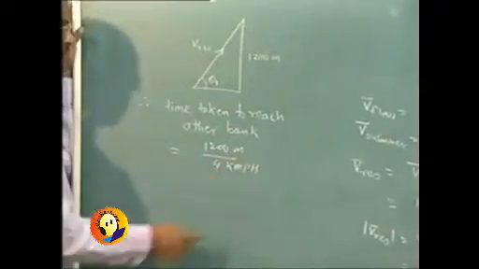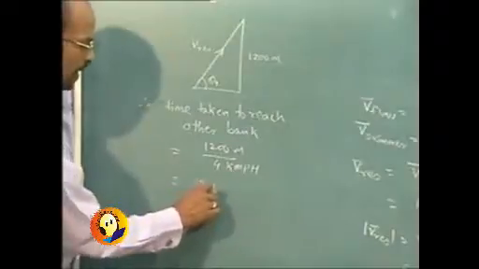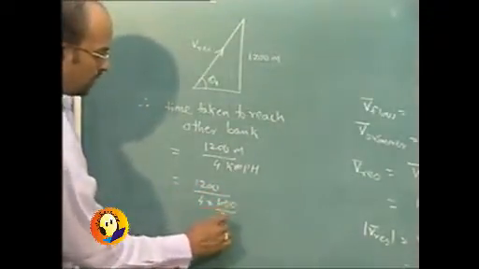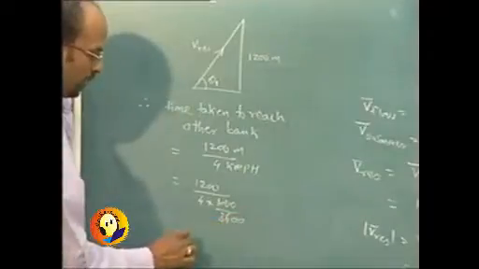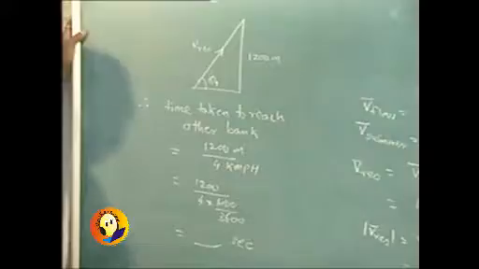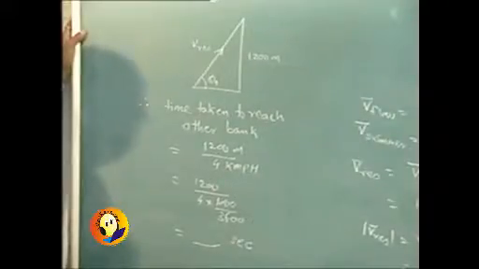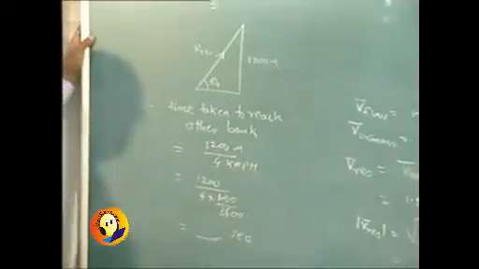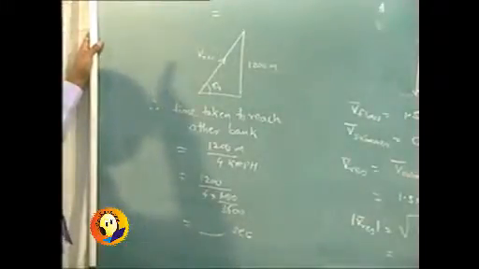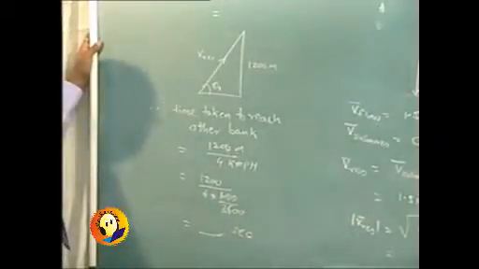Of course this should be converted, so it is 1200 divided by 4 into 1000 upon 3600, and these many seconds is the time. This is one answer that we get, that is the time taken to reach the other bank.